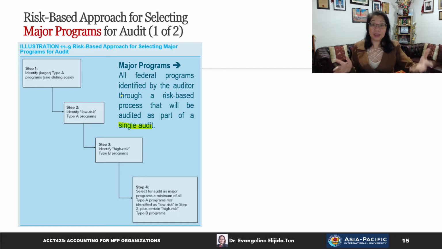So there is supposed to be a risk-based analysis that needs to be conducted in order for us to identify the major programs for the audit. Illustration 11-9 is showing us the risk-based approach for selecting major programs for the audit.